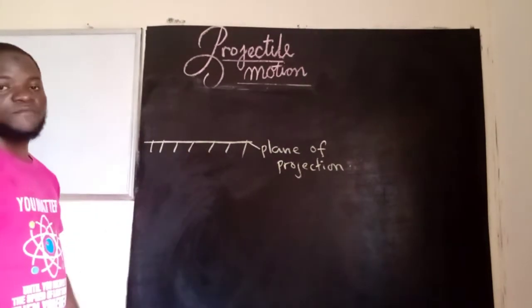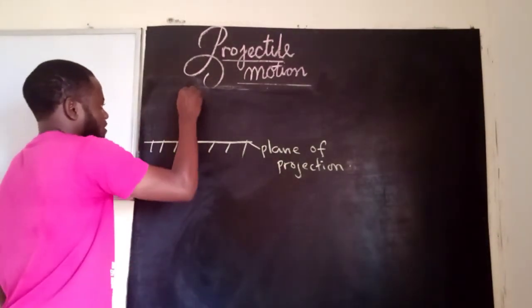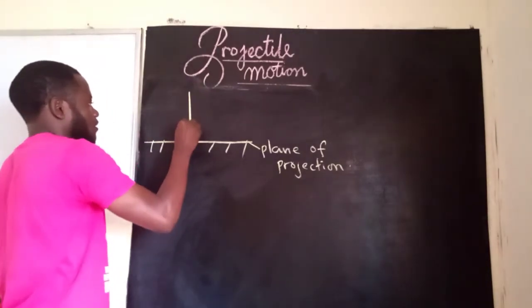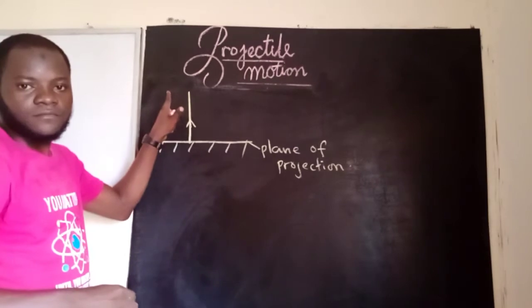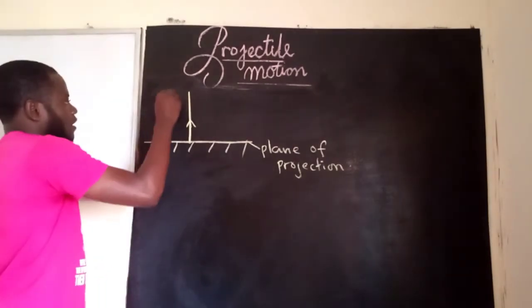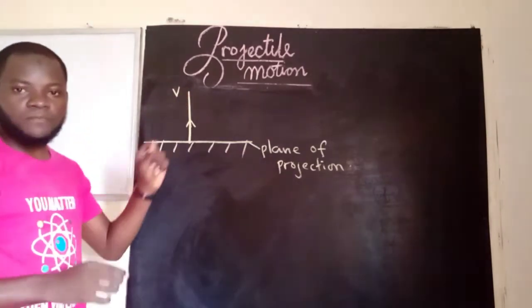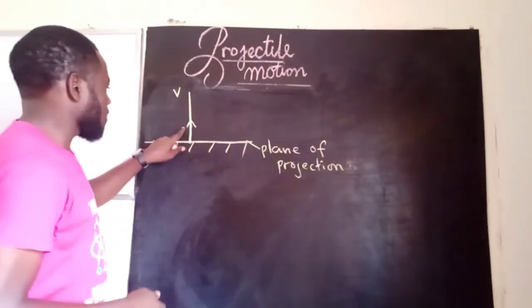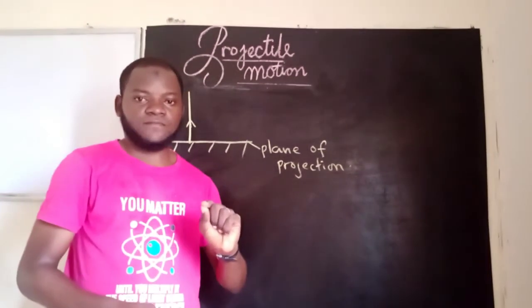So if this is the plane of projection, and I project a body upward, when this body is projected upward, the velocity is in vertical direction. And as the velocity moves upward, please note very well, it reduces gradually.